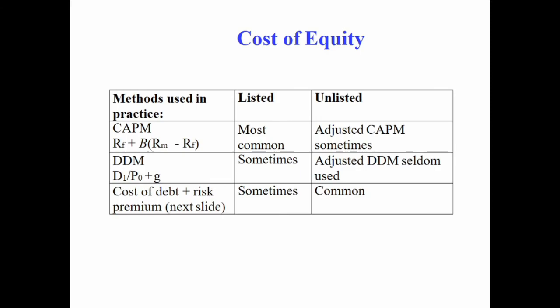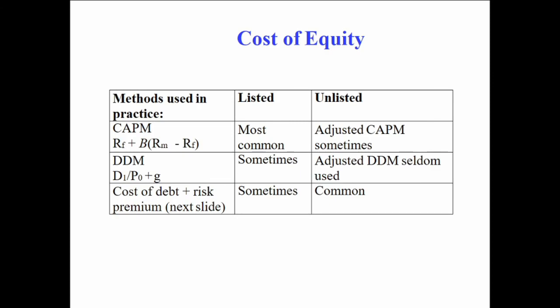So when we looked at the capital asset pricing model, we realized that there were various assumptions underlying the CAPM model. This is not always accepted by management and analysts. It is also sometimes difficult to obtain an accurate beta.